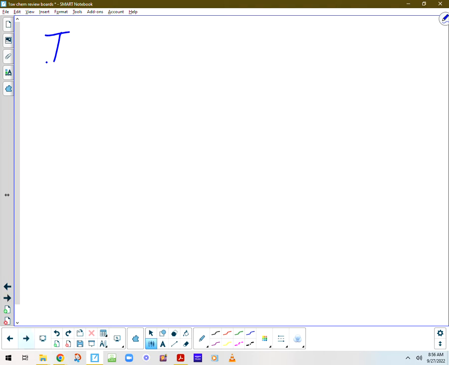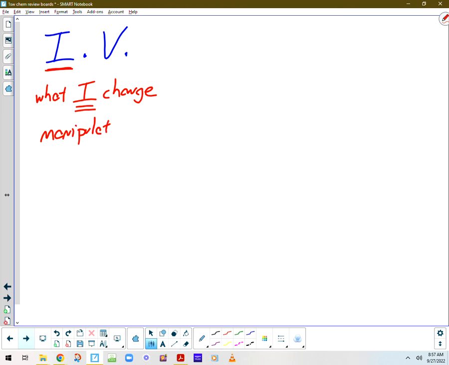The independent variable, the way I remember that is this right here: it is what I change. It's also sometimes called the manipulated variable. Whereas the dependent variable depends on what just happened with the independent variable.